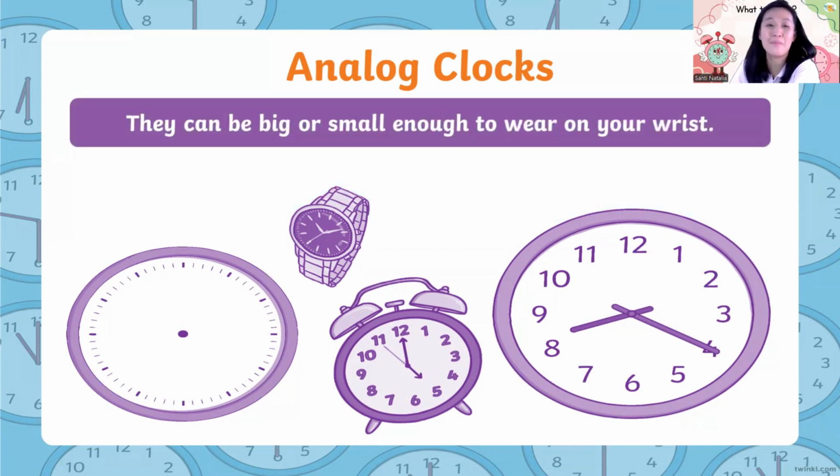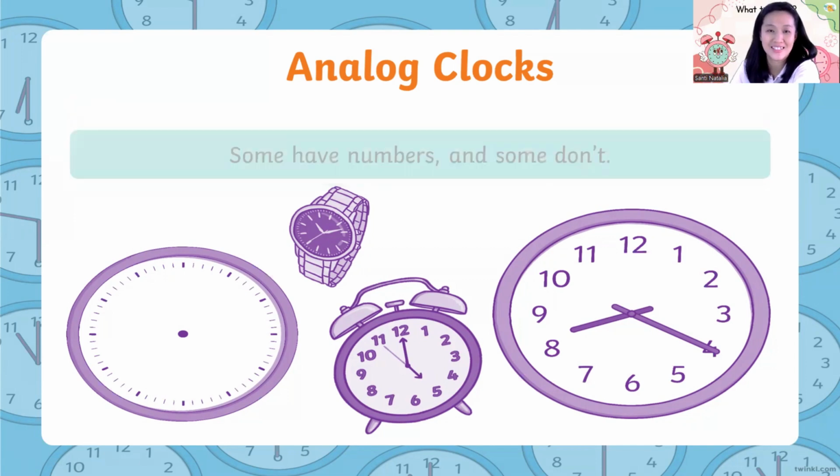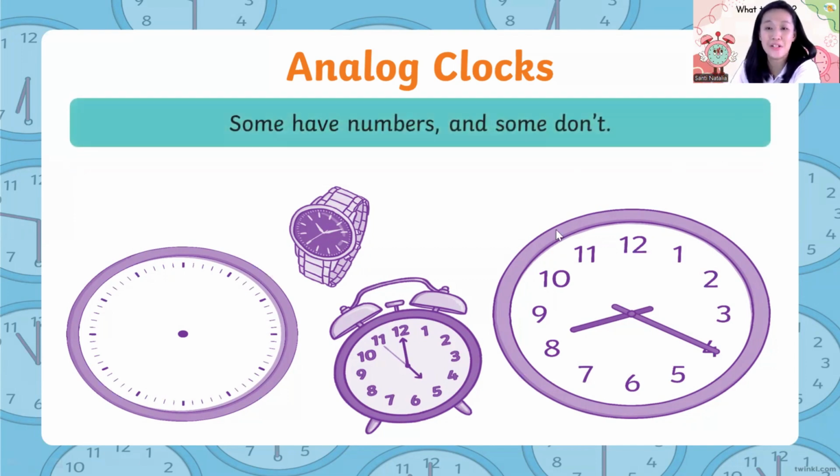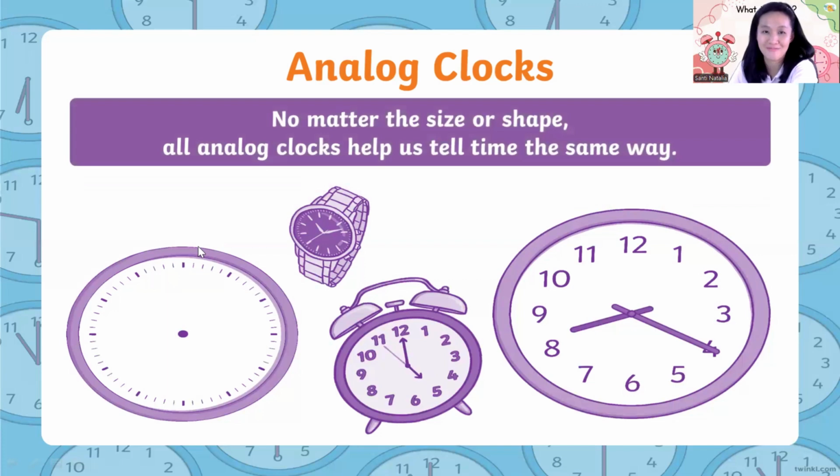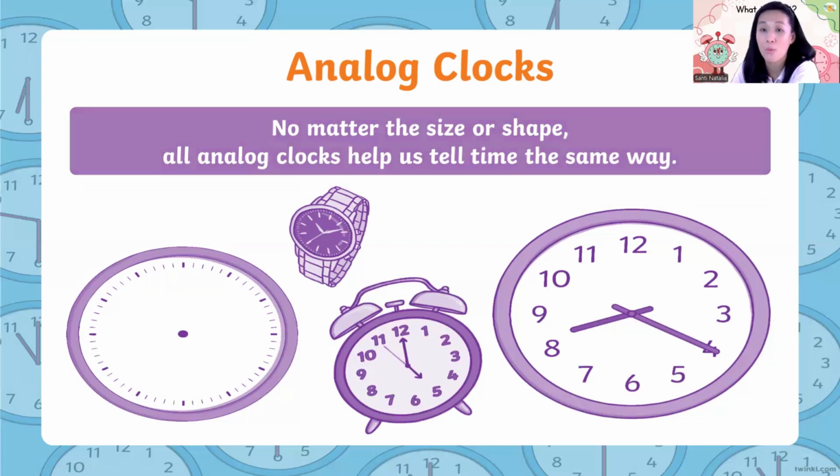They can be big or small enough to wear on your wrist. Some have numbers, like this clock, and some don't, just like this clock. How about yours? No matter the size or shape, all analog clocks help us tell time the same way.